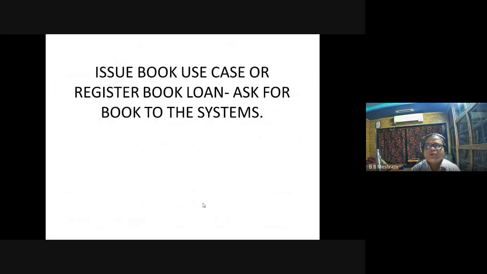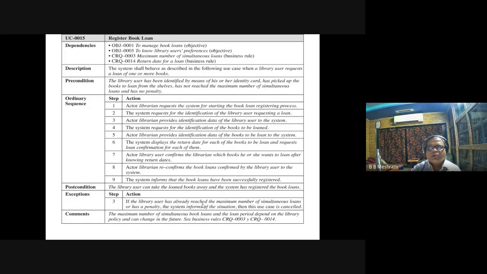So we will use the use case template for the issue book use case. So this is the template. Here you can assign the particular code for the use case like register book loan, and you can specify the dependencies of this use case.